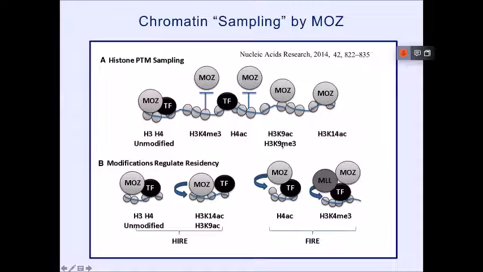And in contrast, when H3K9, the ninth lysine in H3, is acetylated, and when H3K9 is methylated, the MOZ complex can bind. So there are certain changes, the acetylation of K14 of H3 and of K9, that recruits, or the MOZ complex can interact and do its work in gene expression.